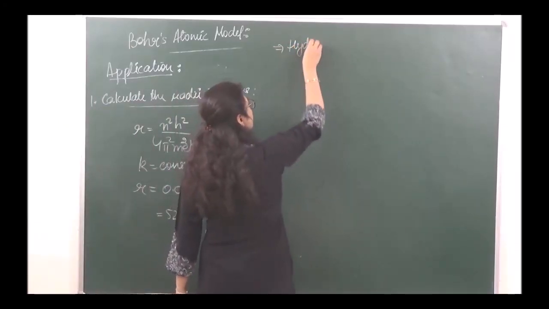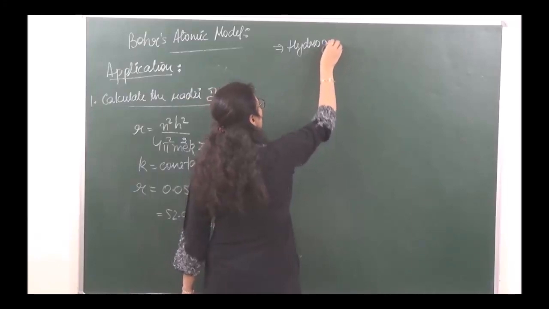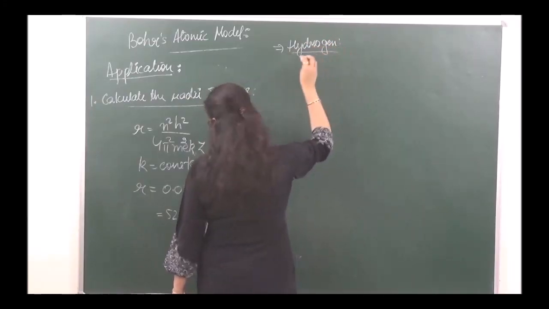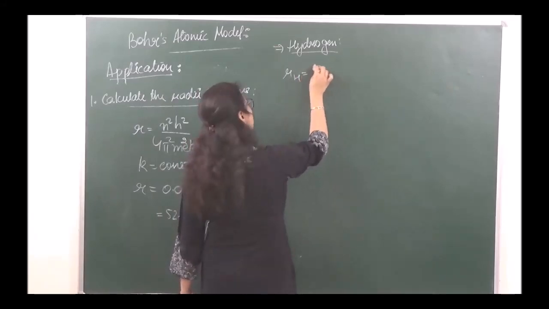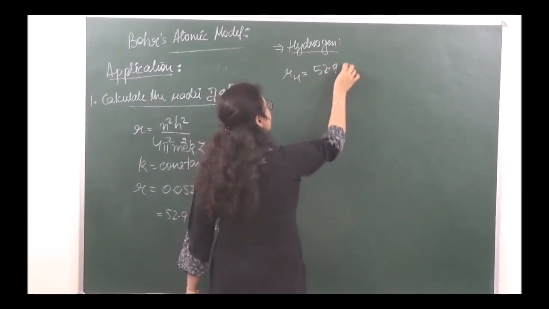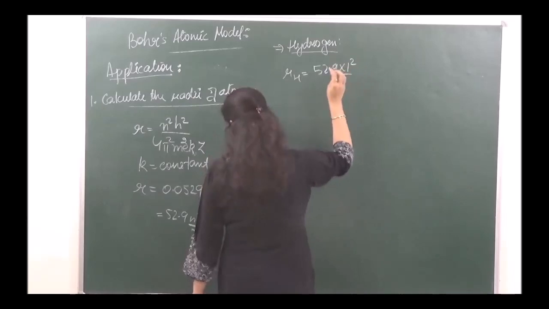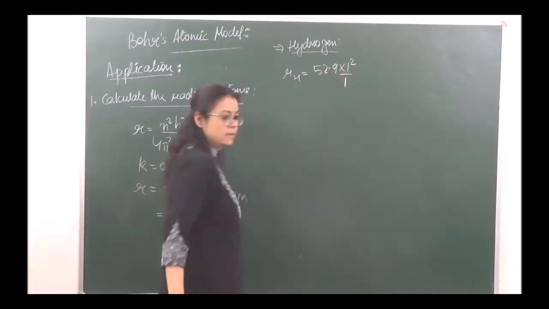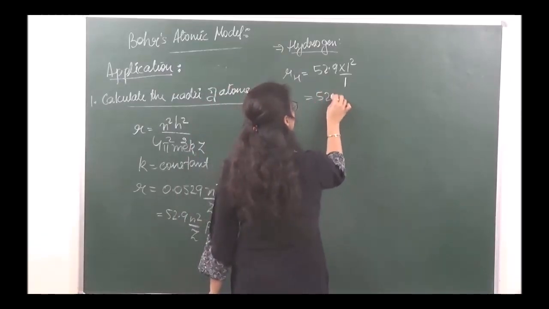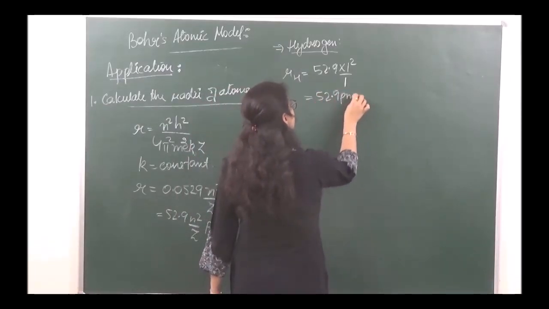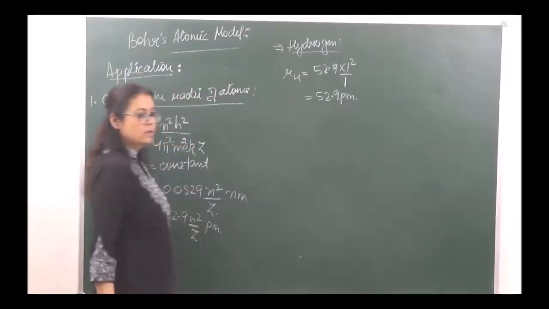So when the radius of the first orbit of hydrogen was calculated, R of hydrogen is equal to 52.9 into 1 square upon 1. So it was 52.9 picometers.